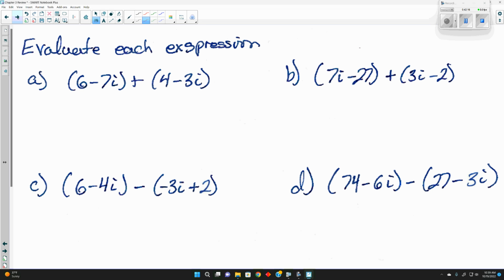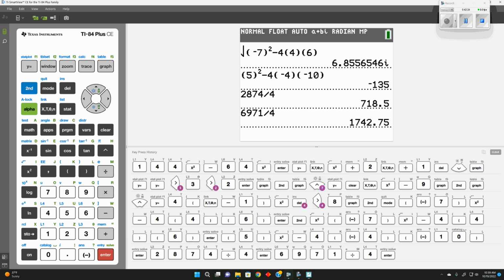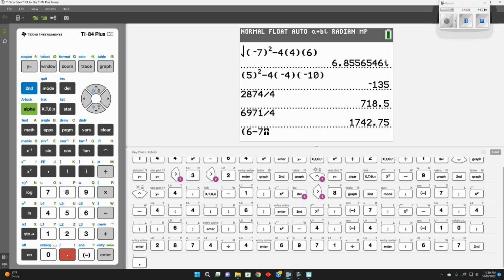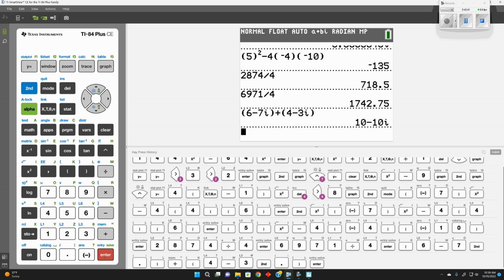These we can type into the calculator as they are, no changing in them at all whatsoever. So the first one, if one of y'all can read it off, 6 what? 7. I. That's it.